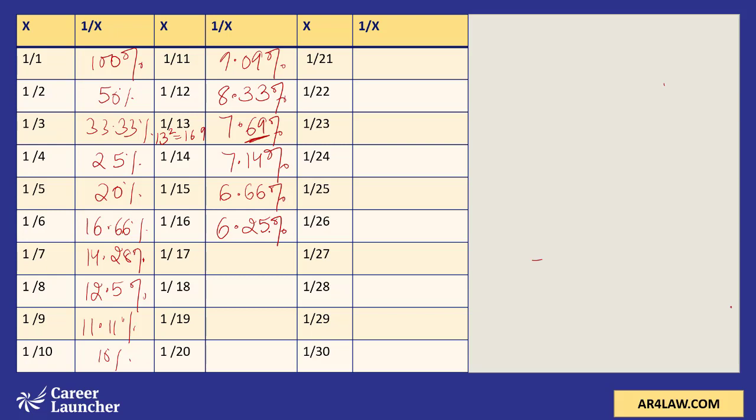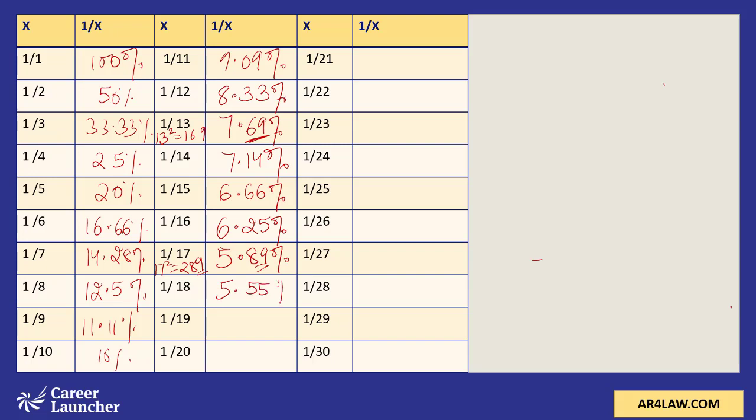The other naughty kid who would want me to make sure that I'm keeping its value in some corner of my brain, and it is 5.89. And what is 17 ka square? 289. So 8989. Does that ring a bell? It's up to you. 1 by 18. 1 by 9 ka adha. So it's 5.55%.